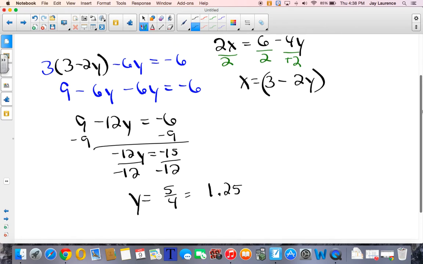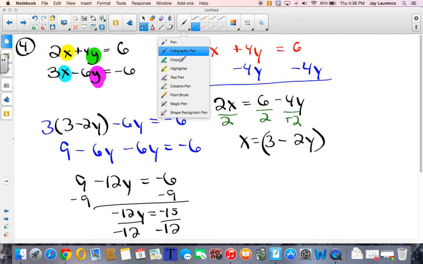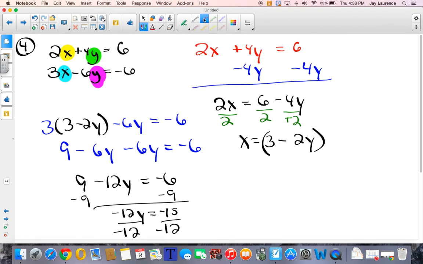Now, I've got to use one of those original equations or some form of one of those original equations. So I could use this original equation, I could use that one, or I could use this one because it's a form of that first equation there. So I'm going to use this one here because x is already alone.